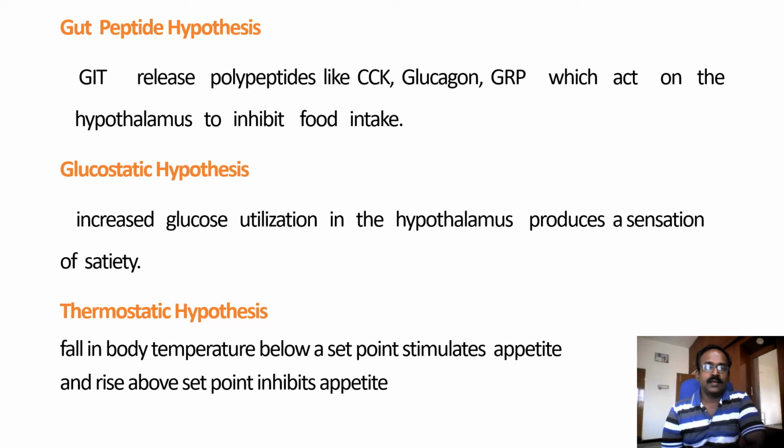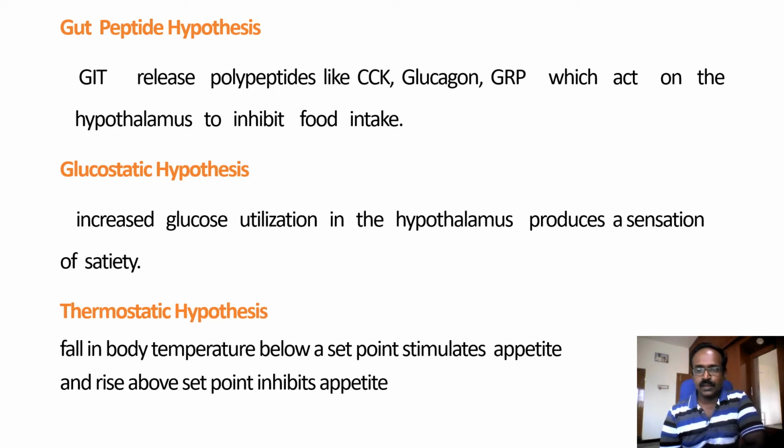Next is the gut peptide hypothesis. The gastrointestinal tract releases polypeptides, that is GI hormones, cholecystokinin, glucagon, gastrin-related peptide, which act on the hypothalamus to inhibit food intake.